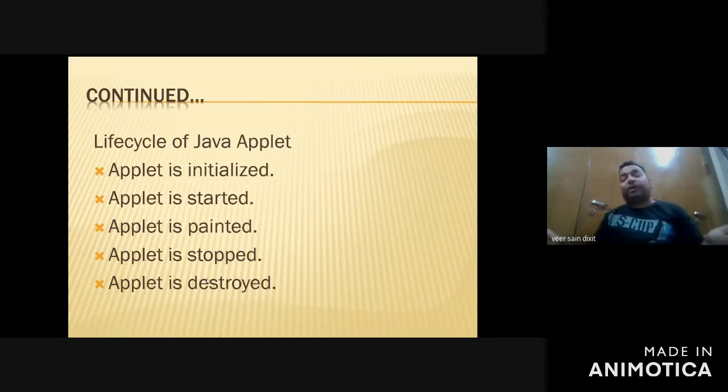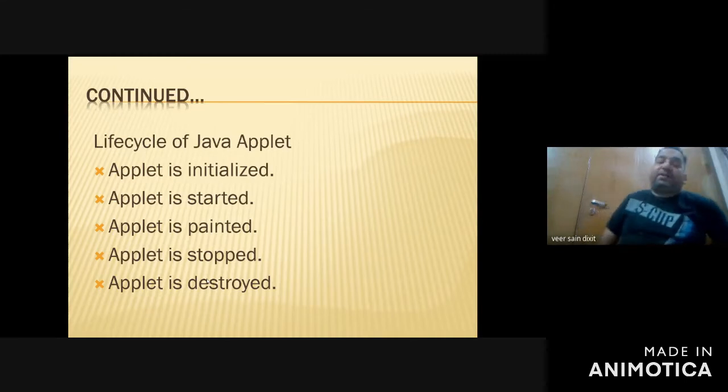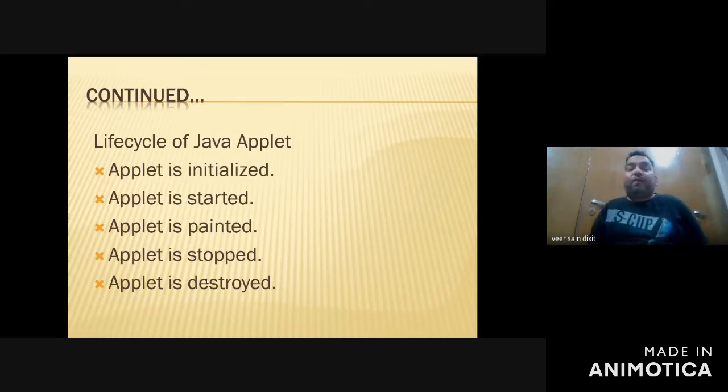Destroyed means whatever the memory is allocated for the objects of the applets, the memory will be released. So these are the various stages in it, and these will be implemented through the methods init, start, paint, stop, and destroy methods.